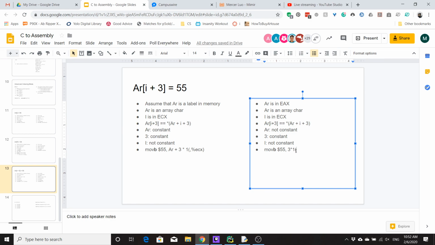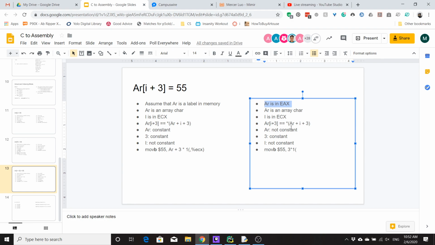Do we want to put ECX, which is I, or do we want to put EAX, which is AR? How many of you vote for EAX? ECX. For this particular problem, it does not matter which order we do, because our scale is 1.